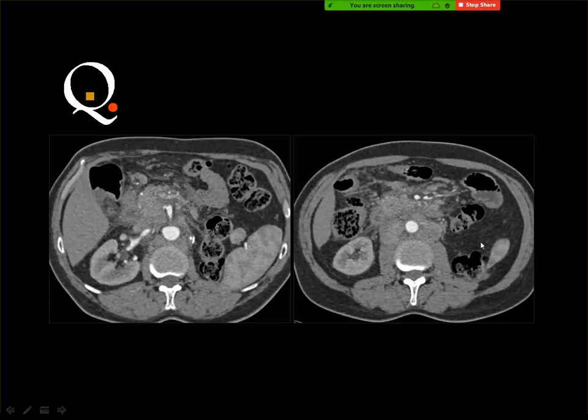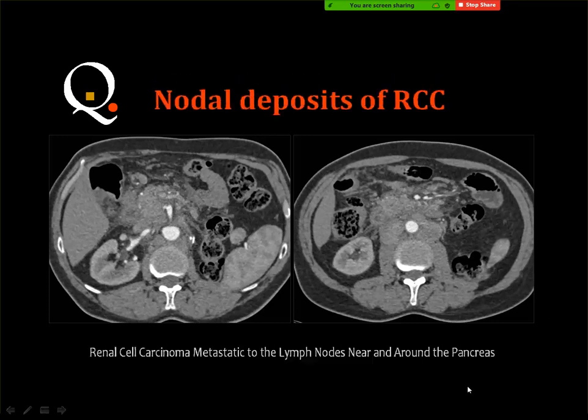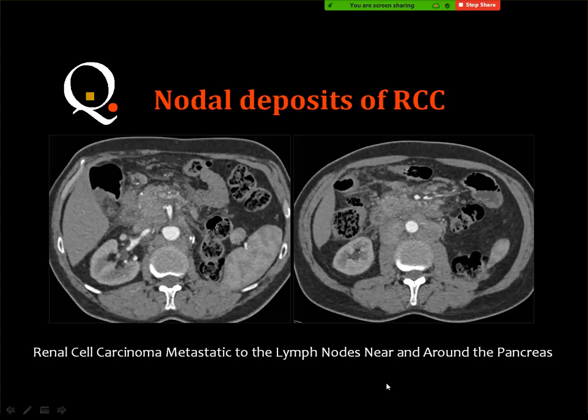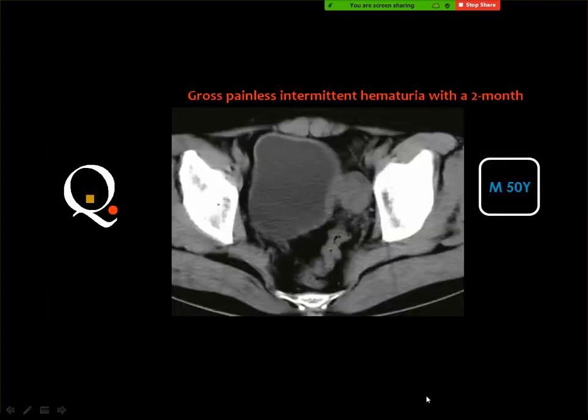Also, if you see a missing kidney and you see signs of malignancy, then you know that this kidney is malignant or contained a malignant tumor, and these are metastatic lymph nodes, and the kidney has been removed. Of course, a kidney with lymphoma is not surgically removed, but a kidney with renal cell carcinoma is removed.